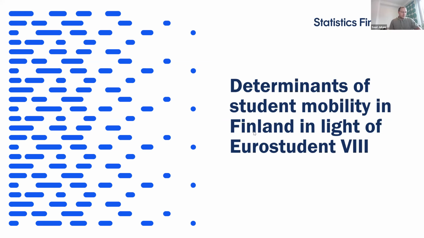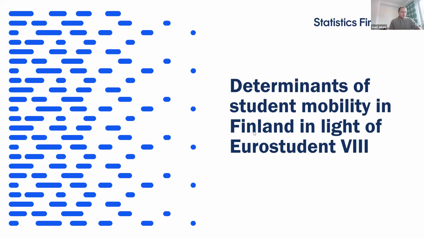So our educational policymakers have been worrying about not being able to attract as many students to go abroad as would be preferable. So there has been a downward trend over the years, even prior to COVID, and it's interesting to see what the recovery of student mobility is going to look like once the current statistical year reaches its end.